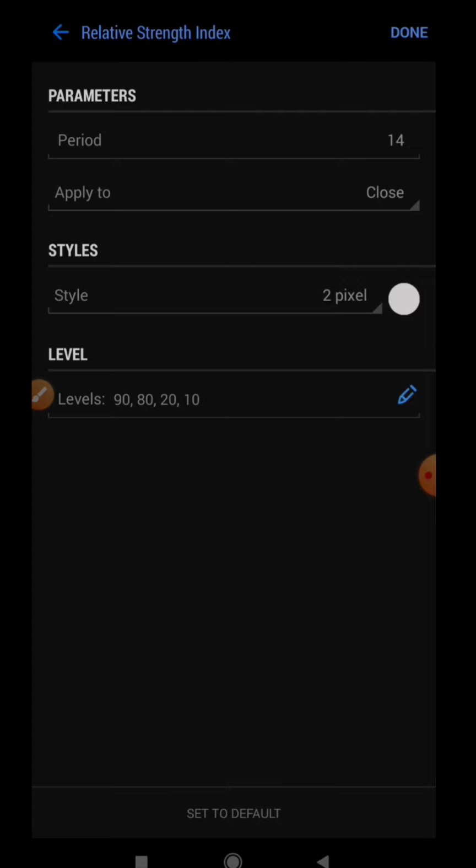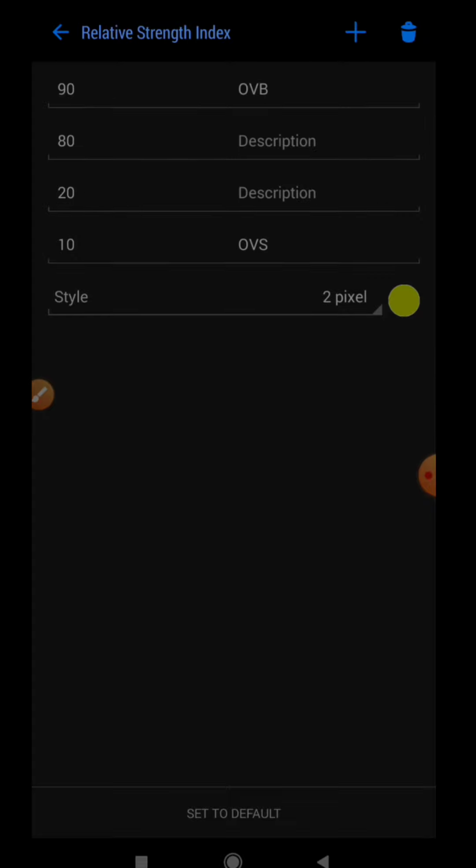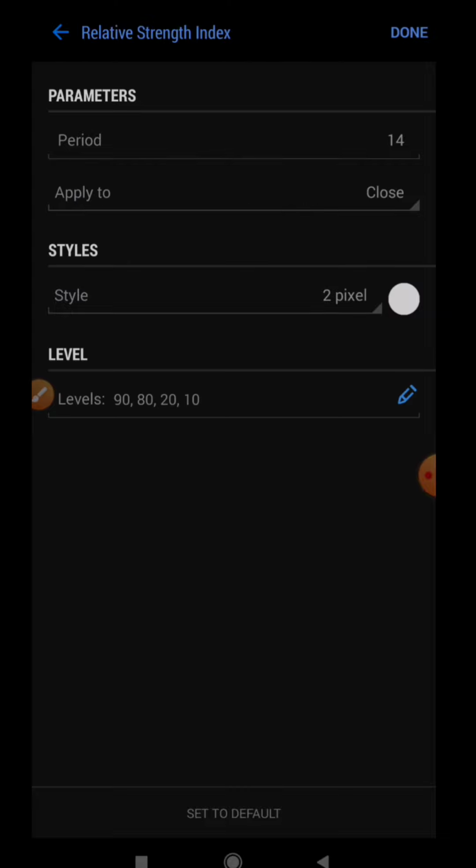Okay, but this is the most important part you want to look at. The most important part is the levels. Now the levels: the overbought level is 90, then 80, 20, and the oversold level is 10. I hope you get that, because I really want to make this video very short and straightforward, because here in Success Clan FX we keep it simple, stupid.